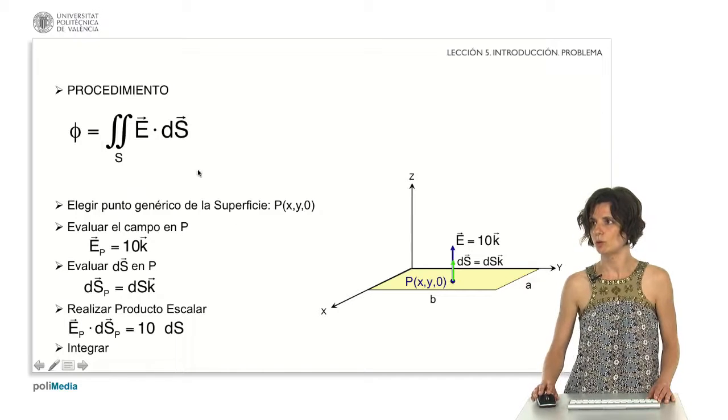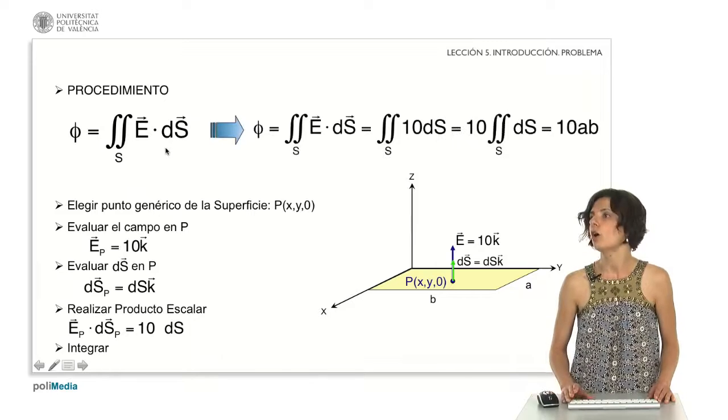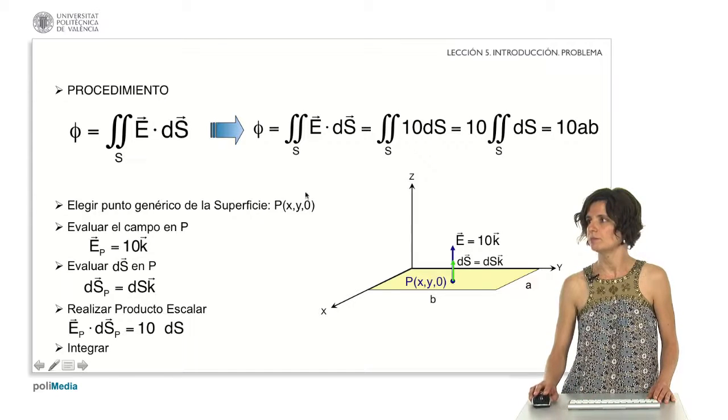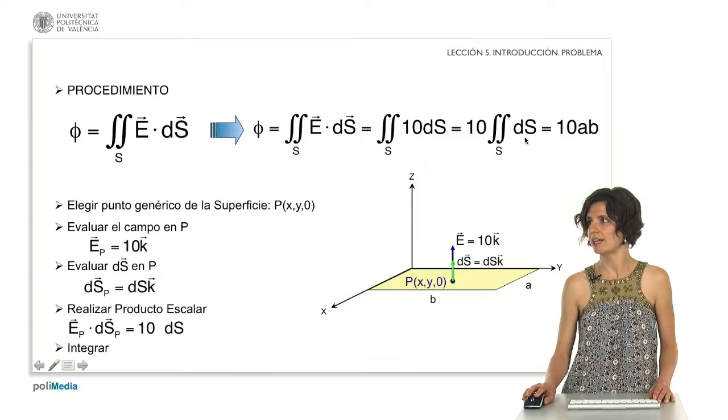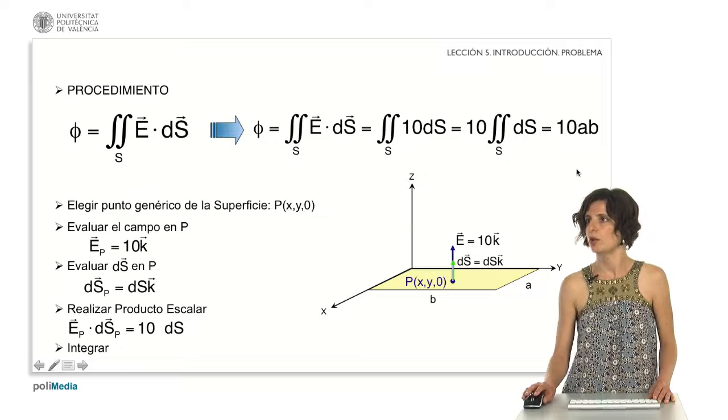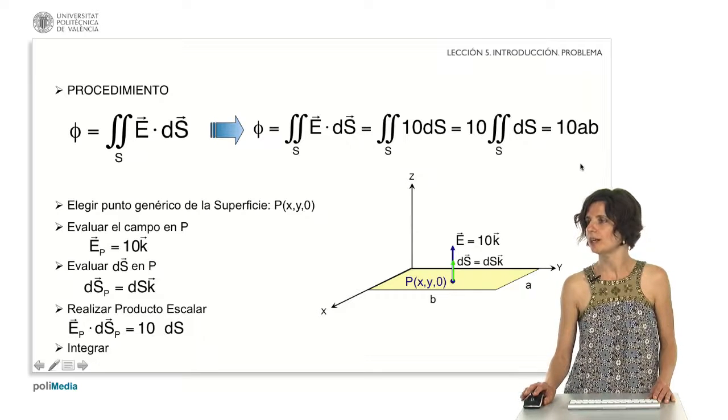If we substitute this result into the integral of the definition, we get the following result. We see that we have the integral of 10 differential of S. The 10 is constant and comes out. I get the surface integral of differential of S, which is equal to the area of the surface in question, that is A times B. Then the result of this problem, the electric field flux of 10 k across this yellow surface, is 10 times A times B.